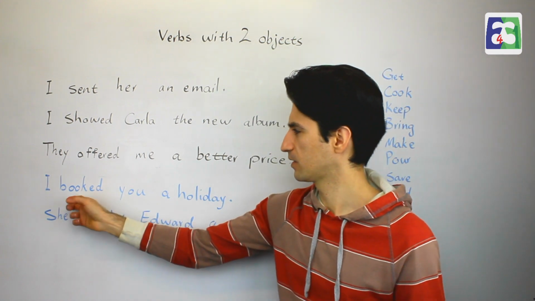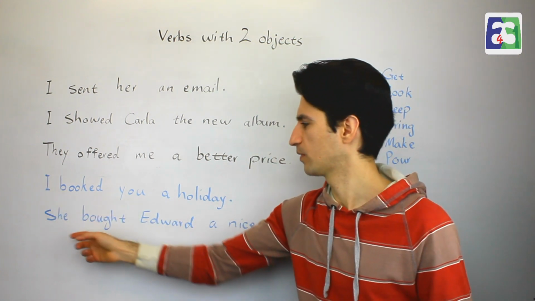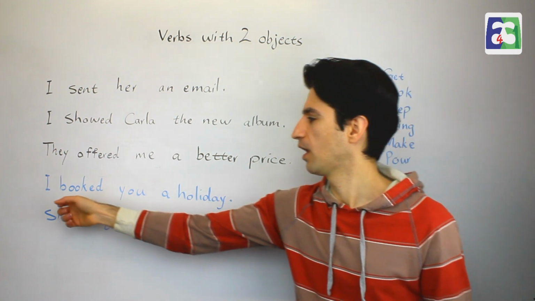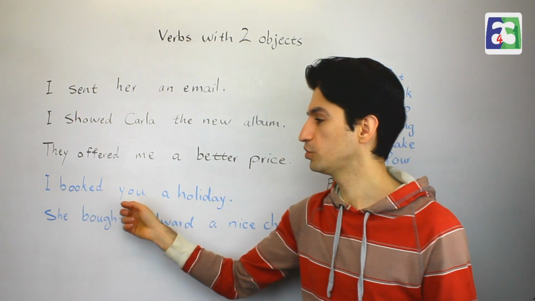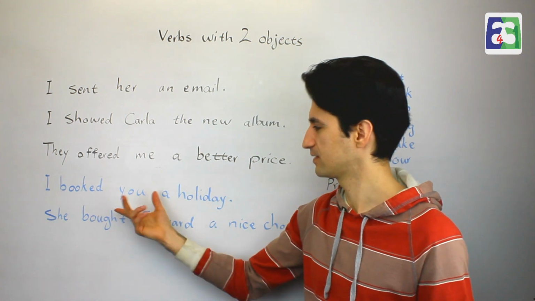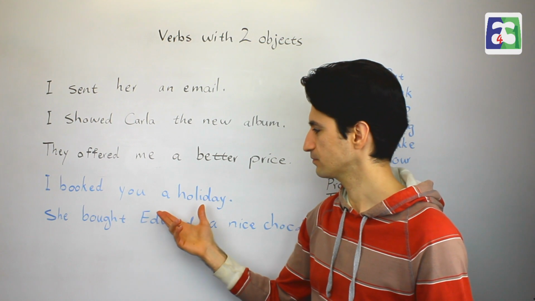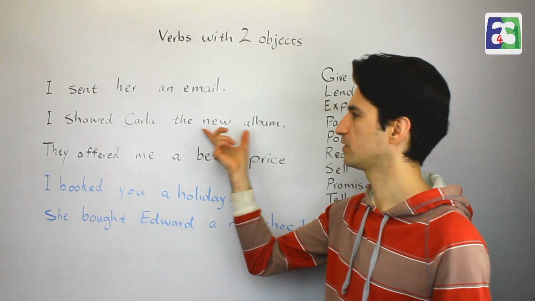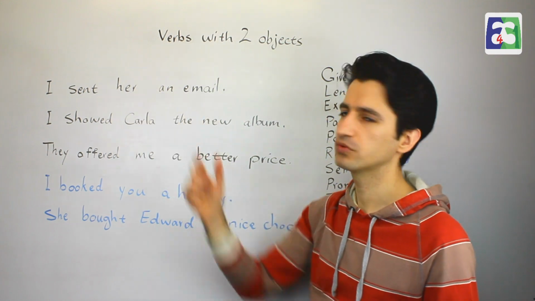Over here again I've got book and the other verbs. I booked a holiday. I booked you a holiday. So the holiday goes to you. A better price goes to me. The new album goes to Carla, and an email goes to her.